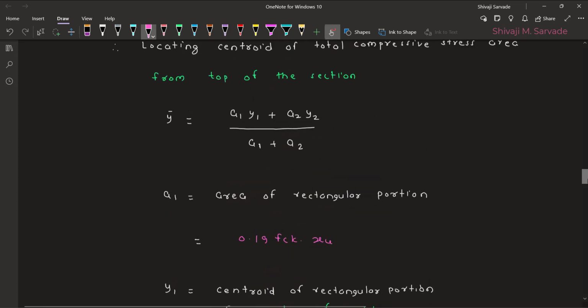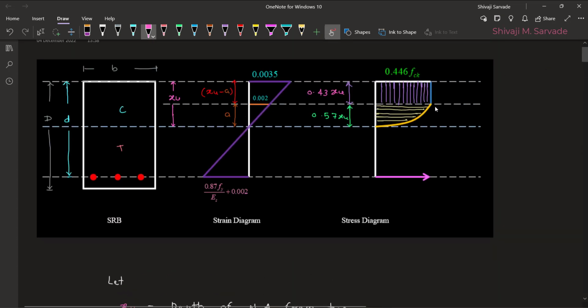You'll have to see the sketch. We want to reach the centroid of this zone, so we have to cross this and then reach here. This is y1 plus, since the centroid for a parabolic section is 3/8 of the height, we add 0.43 XU plus 3/8 of 0.57 XU.